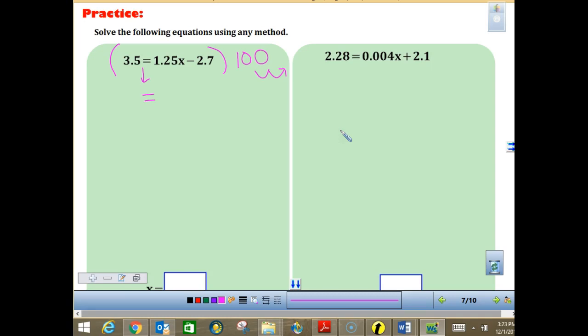What about this equation? What should we multiply by? I should multiply by 1,000. I'm going to move it 1, 2, 3 places, right?